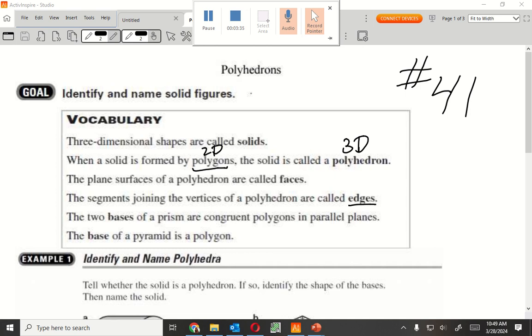The base of it, whatever shape is at the base, will vary. And see this pointy point? This pointy point right here is referred to as a vertex. The pointy points are vertices.